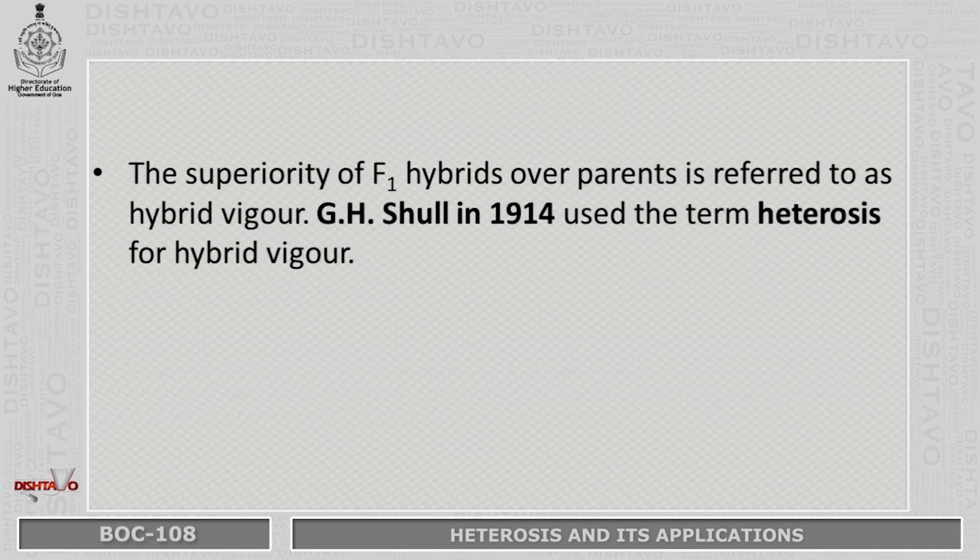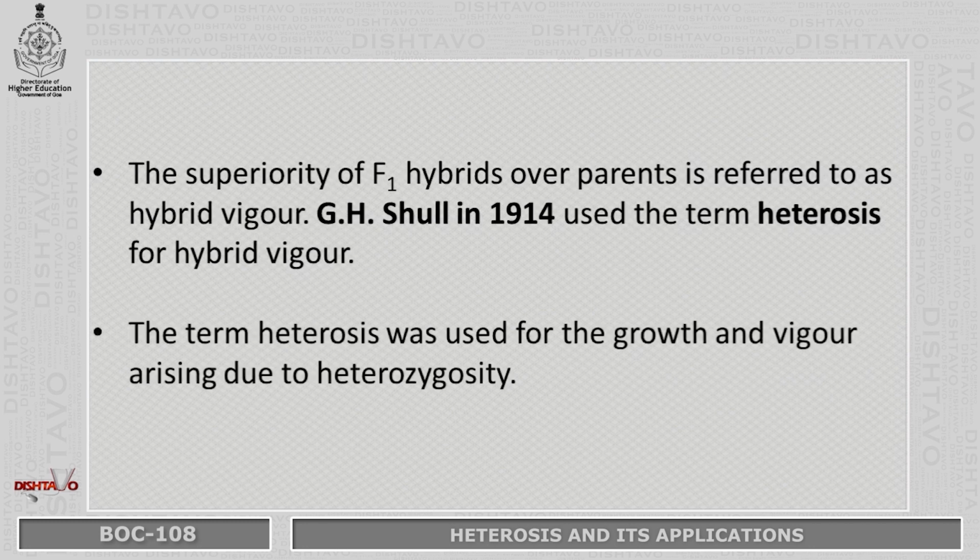The superiority of F1 hybrids over parents is referred to as hybrid vigor. It was G.H. Shull in 1914 who used the term heterosis for hybrid vigor. The term heterosis was used for the growth and vigor arising due to heterozygosity.